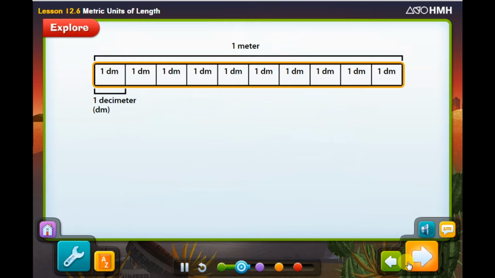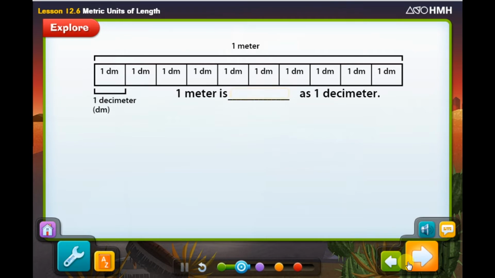How does 1 meter compare to 1 decimeter? So first, a meter is a very long distance, like the width of the door. So, what is smaller than a meter? Decimeter. Actually, if you cut the meter into small decimeters, it will give you 10 decimeters.